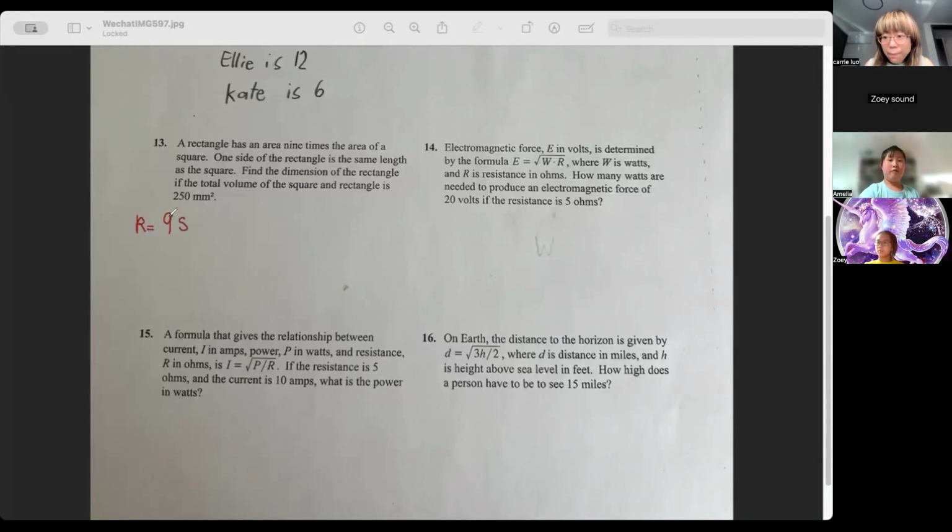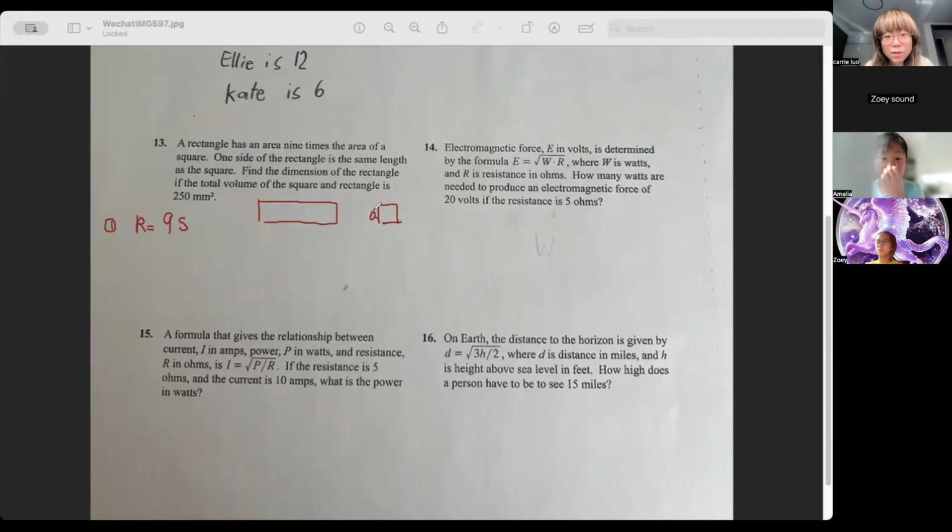Get it, Zoe? Okay, so this is the first one you need to write it down.